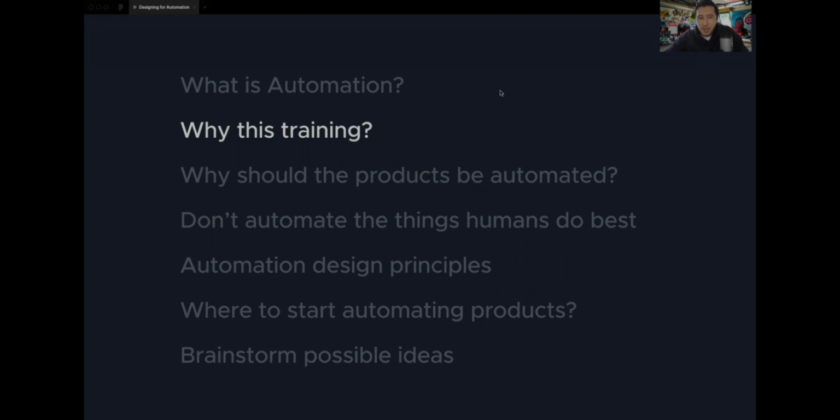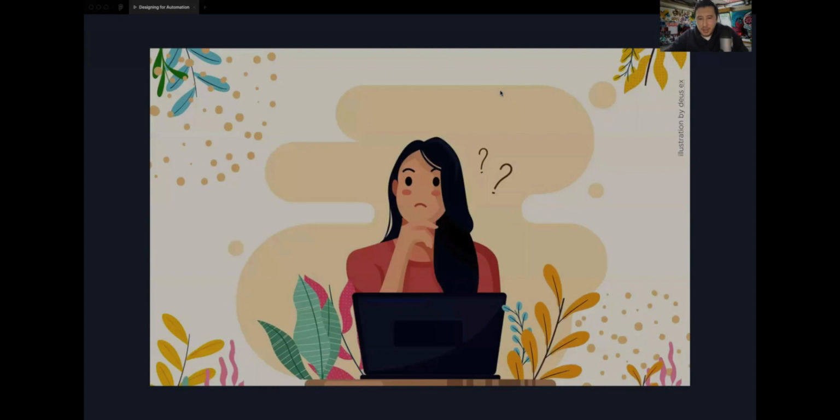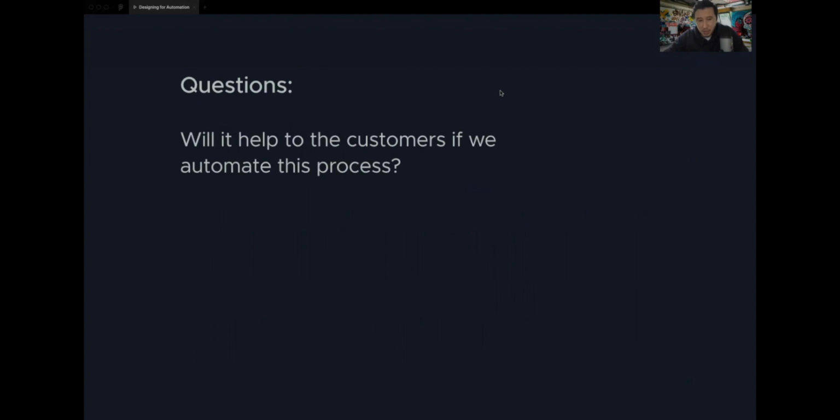Now let me explain why this training. I wanted us designers and engineers, and also product managers, to start thinking about automating processes, and asking questions during research, after learning the problem statement, and while thinking about the design solution.